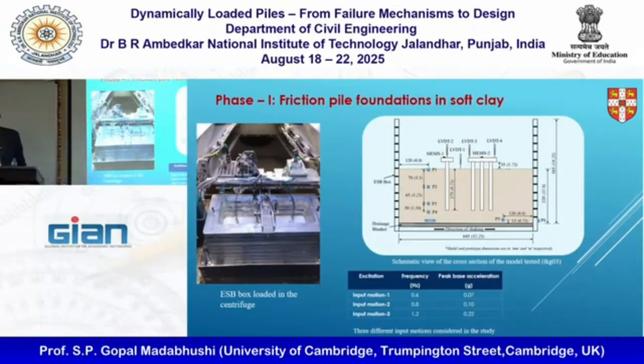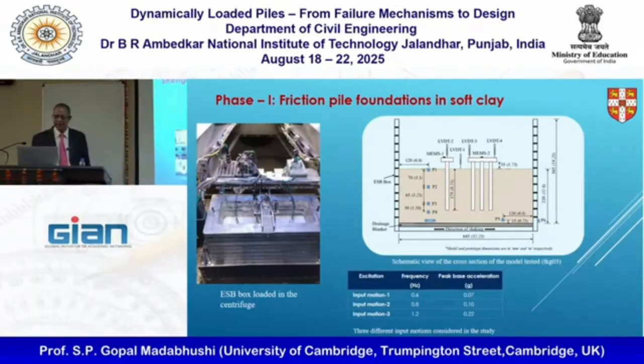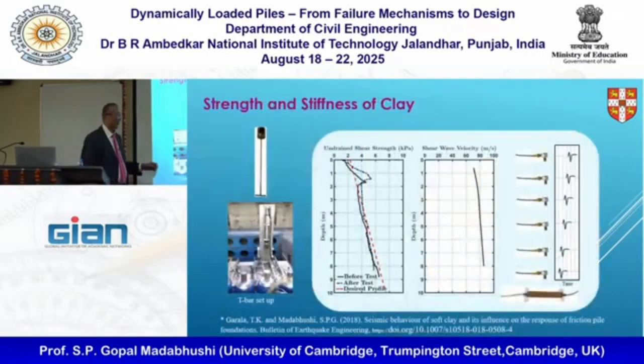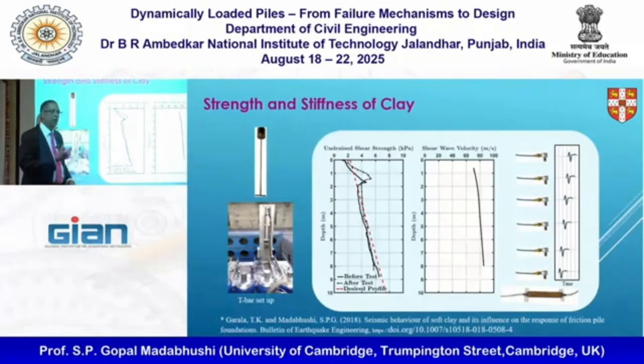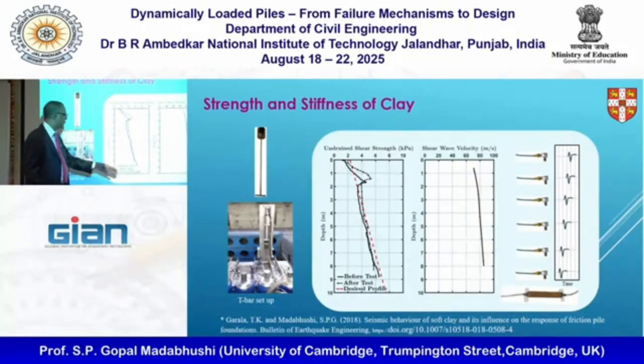I'm not going to go into all the detail, but we can also push a CPT, or we can do a T-bar. While the centrifuge is spinning, we can push this T-bar, which gives us something like qc, linked to undrained shear strength. So we can measure undrained shear strength with depth while the test is going on, before the earthquake, after the earthquake, and so on.